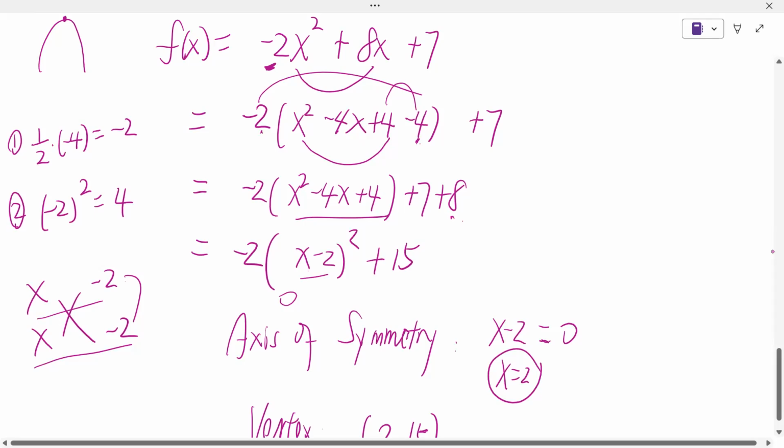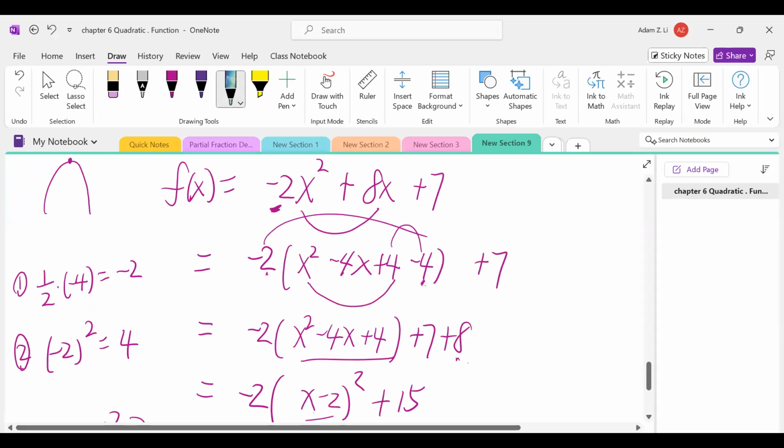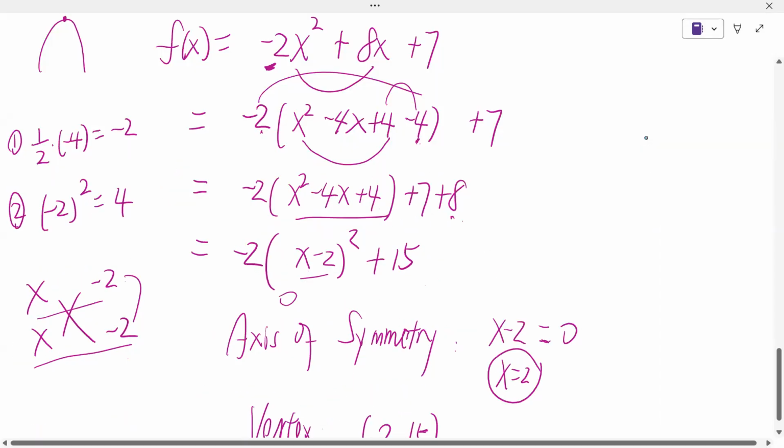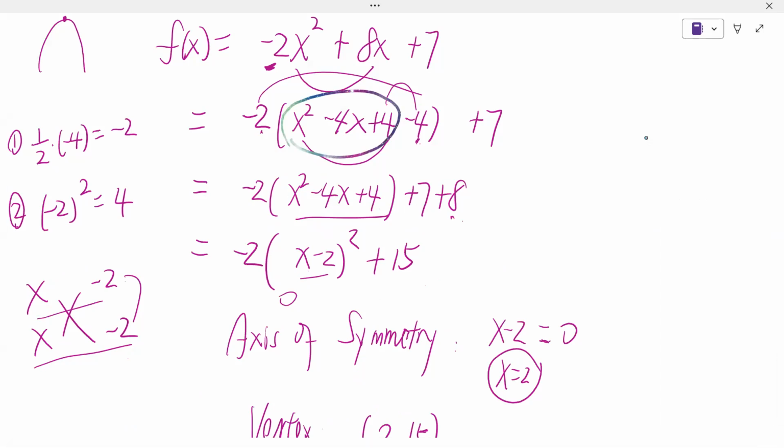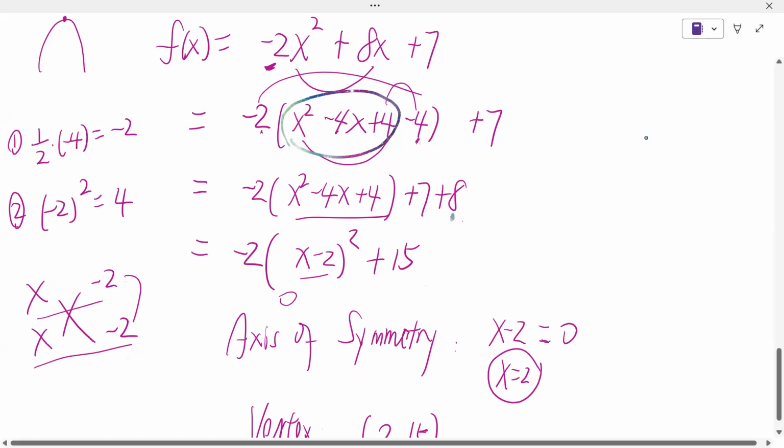Right? So you only keep the 3 terms right here, only these 3 terms inside, and then the extra term you're gonna move it outside, right here. These are 3 terms you keep inside of the parentheses. And then the very last term here, you multiply that, -2 times -4, give us +8.